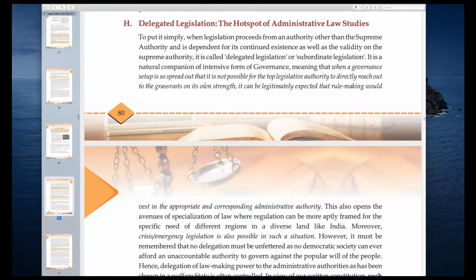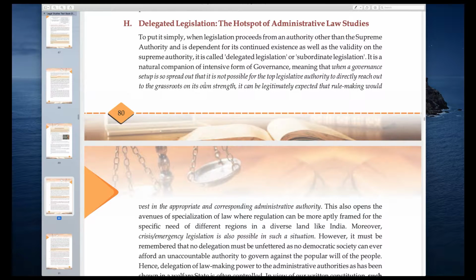But in case of a subject that belongs to the state list, then a state assembly or state legislature has the power to make the law on that subject.